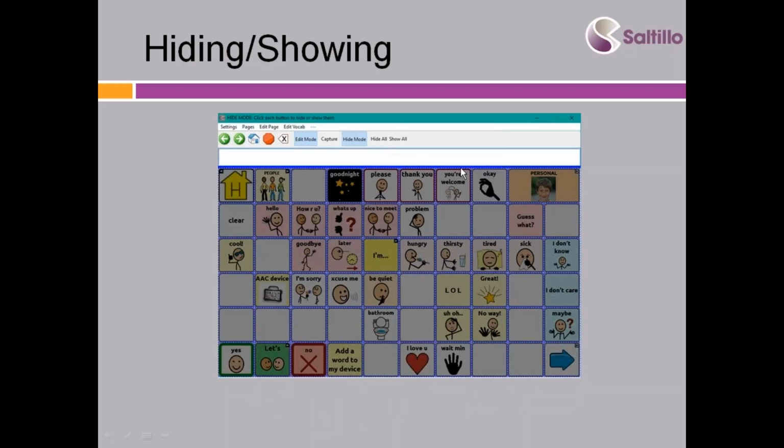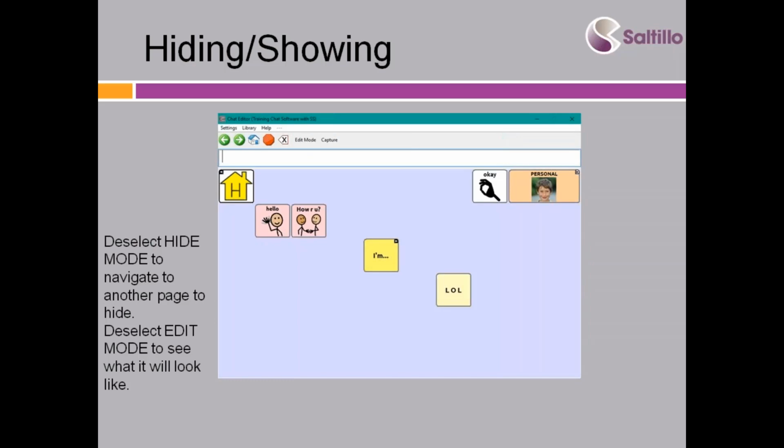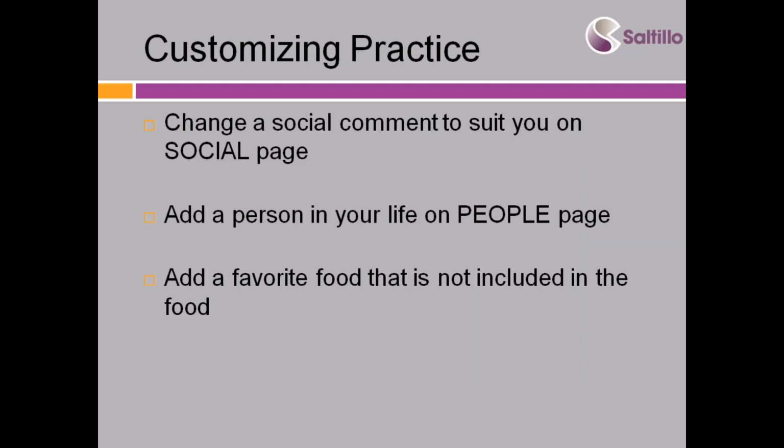And you can start with hide all. That's what your screen would look like. And then in hide mode, you can select the ones you want to show. I think that'll be pretty self-explanatory. So then this is what it looks like. And when you move this over to your device, then this is what it looks like.